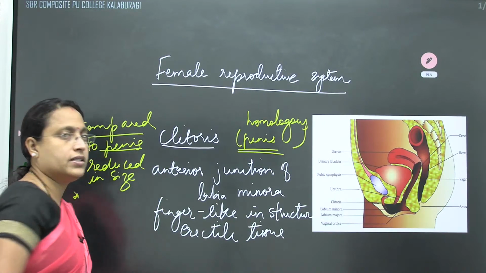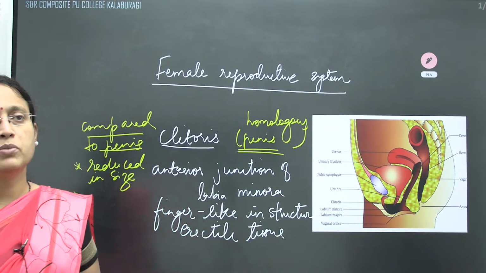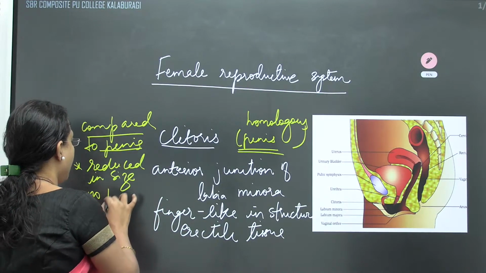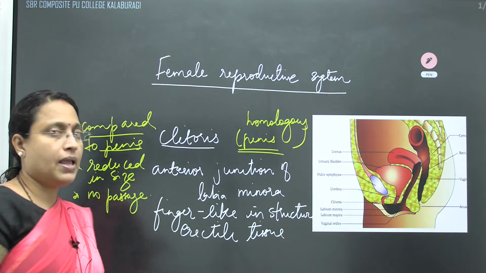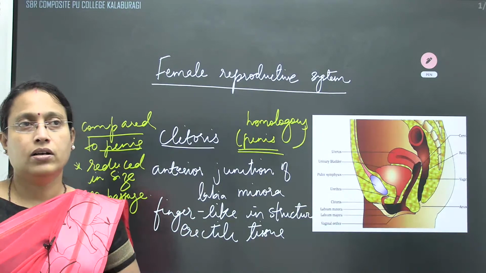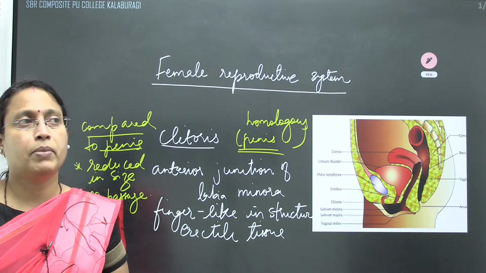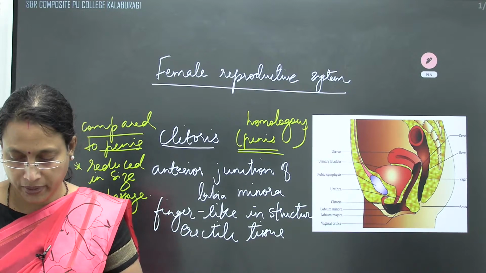Second point, it does not have any passage, but the penis has a passage. So there is no passage present. That makes the clitoris different from the penis, even though they are homologous structures when compared in male and female humans.